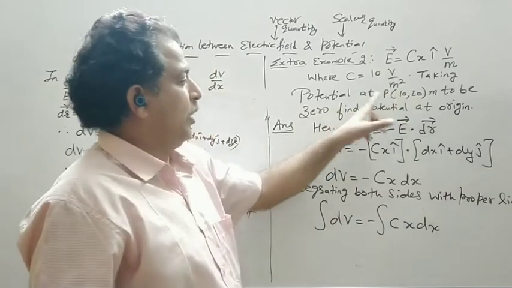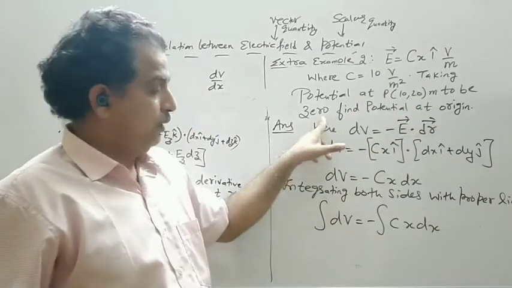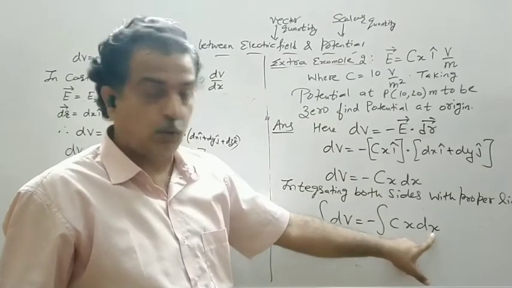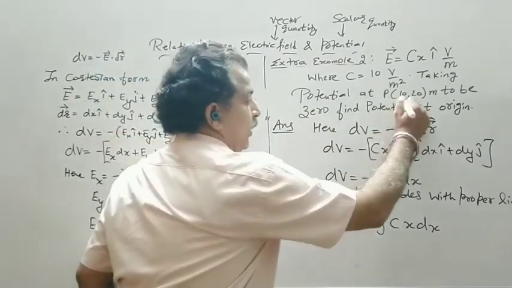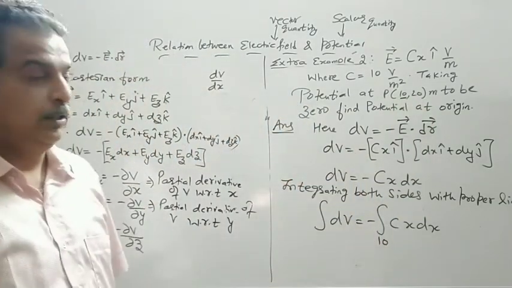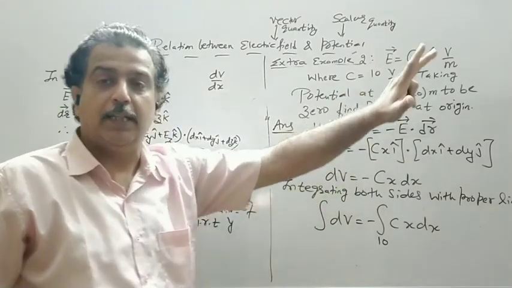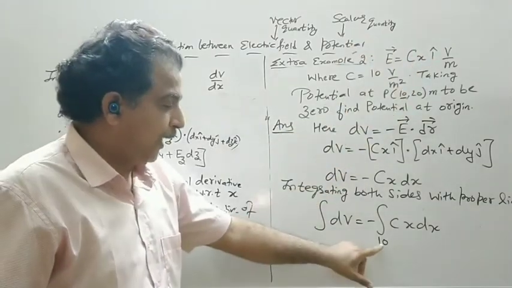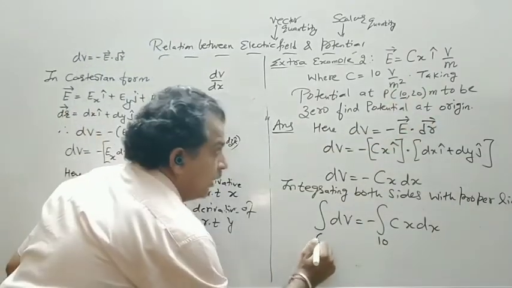Take the potential at the point 10, 20 meter to be 0. Here the integration is with respect to x, so I take only the x coordinate, because the field is along the x-axis. So at 10 meter the potential is 0.